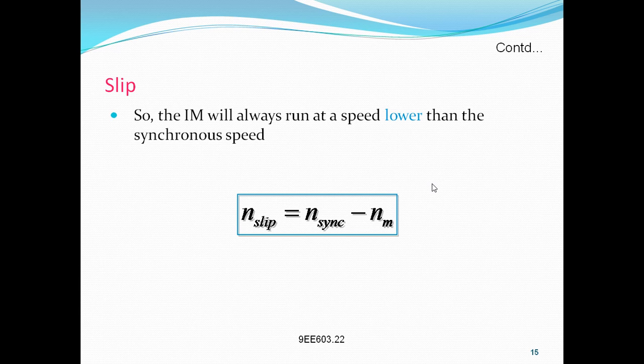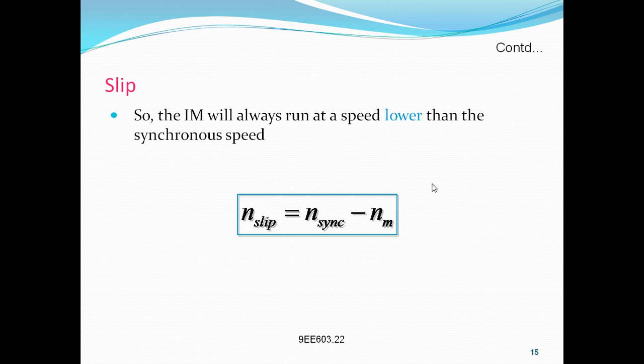What happens if it catches the synchronous speed? If it catches the synchronous speed, then the relative speed is zero and induced EMF is zero. If induced EMF is zero, then current is zero. When current is zero, the torque produced is zero.